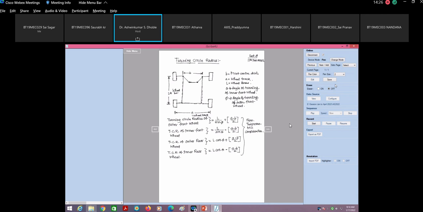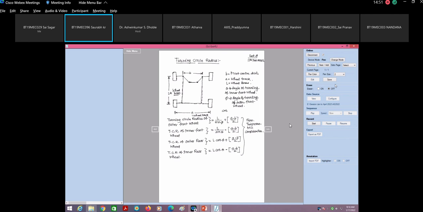and this is your wheelbase. Now please understand the equation for perfect steering. What is the equation for perfect steering? Cot theta minus cot phi is equal to c by v.